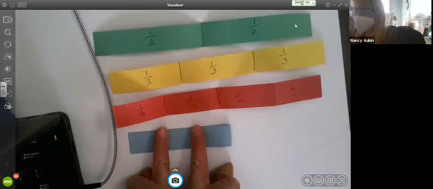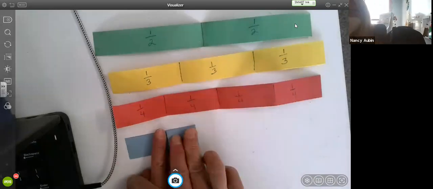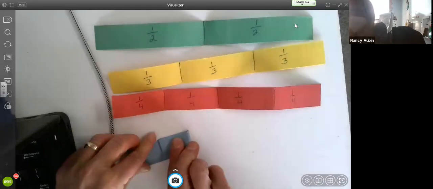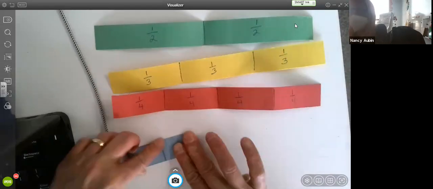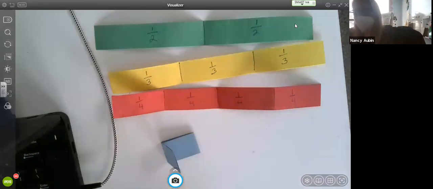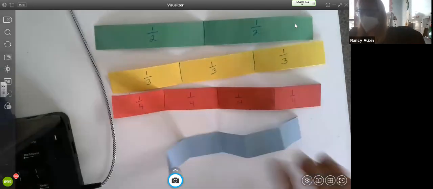So I would have to eyeball my thirds once it's in half and go like this. Whoopsie, a little bit more. Like so, and then like so, right? I could do it that way and I would get 6. But that's not the only way I can do it.